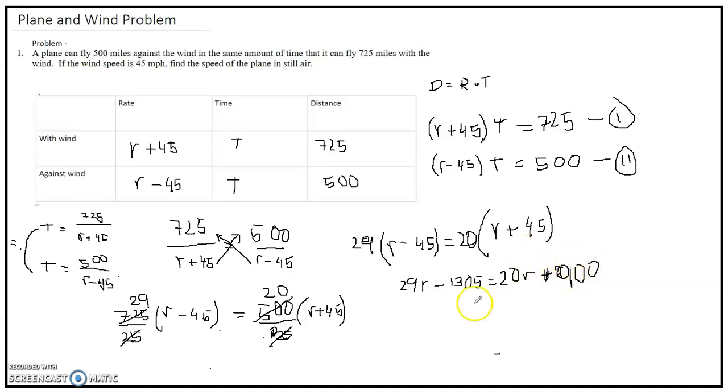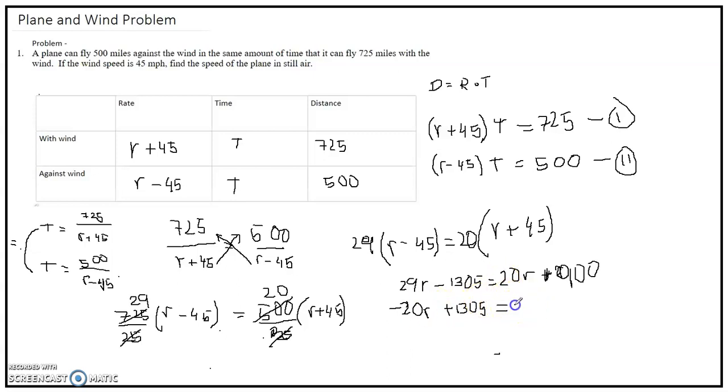At this point now we'll try to move this 20r to this side so we can subtract the 20r from the 29r, and we'll add 1305 on both sides to move this 1305 to the other side. So 29r minus 20r plus 1305.